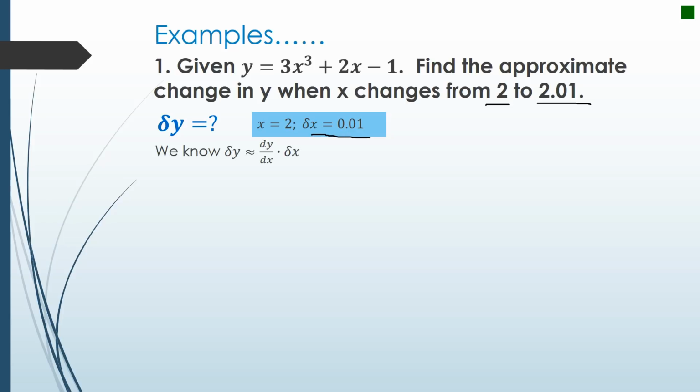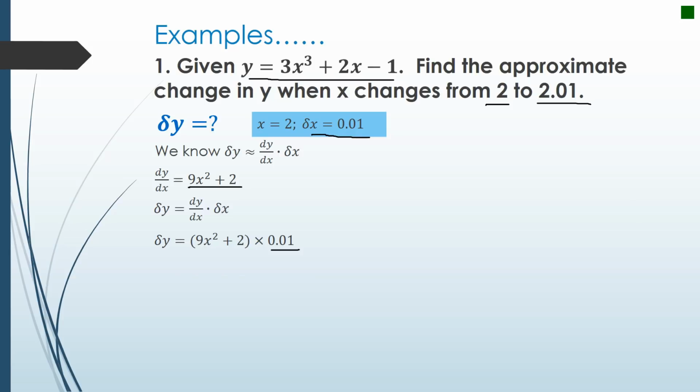Okay, and we know that increment formula says delta y is approximately equal to dy by dx times delta x. Based on the original equation, we can differentiate y with respect to x. So we get dy dx equals to 9x squared plus 2. Taking the increments formula again, we now substitute the dy by dx and also the delta x, which is 0.01, inside the increments formula.